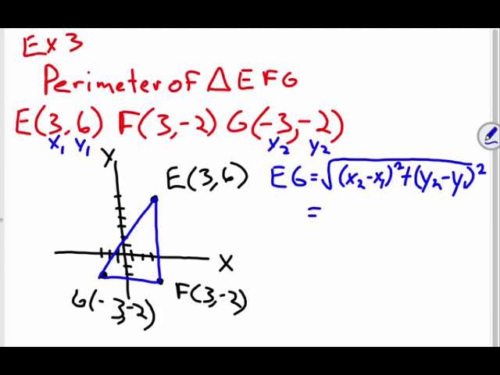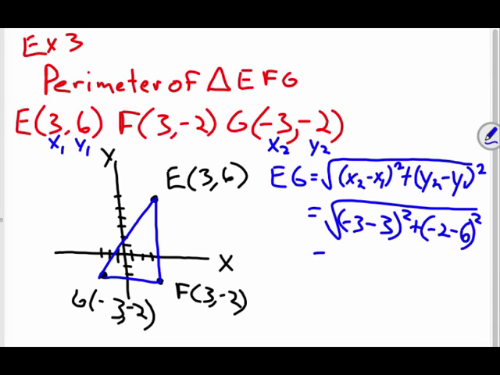So to find that, I would just simply go x sub 2, which would be -3 minus 3 squared, plus my y sub 2, which is -2 minus 6.